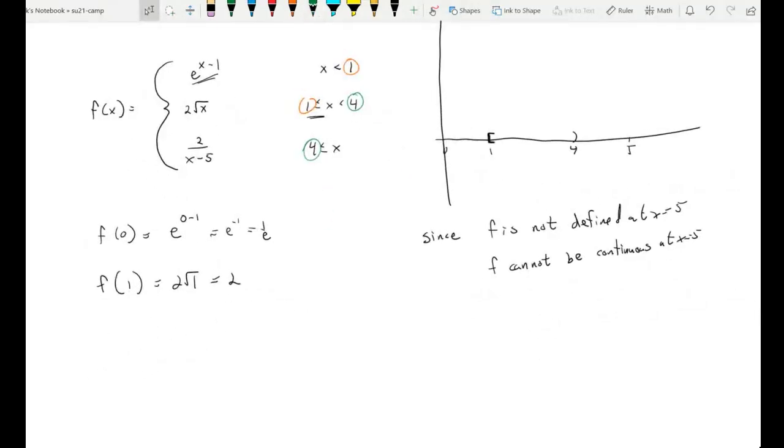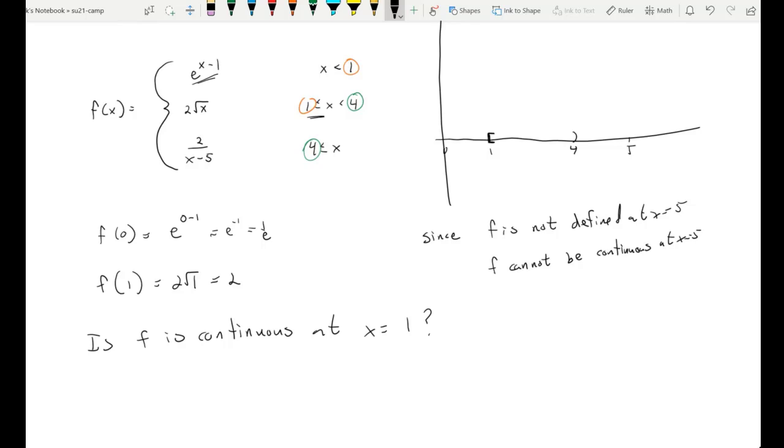Okay, so how do we check? Notice I haven't provided you a graph yet, because that's the whole point. With a graph, you could answer the question right away. Well, we're going to ask ourselves, is f continuous at x equals 1?